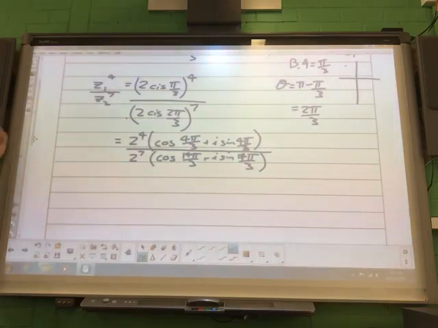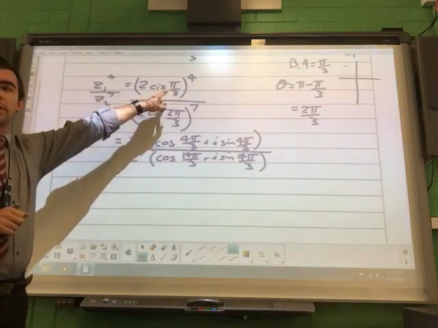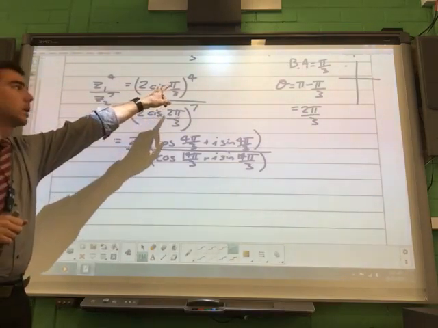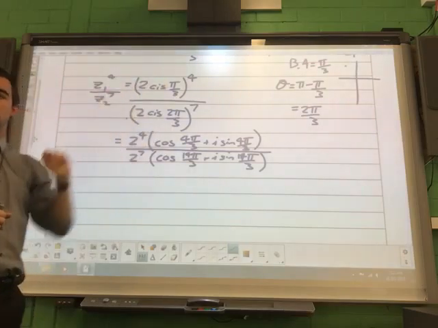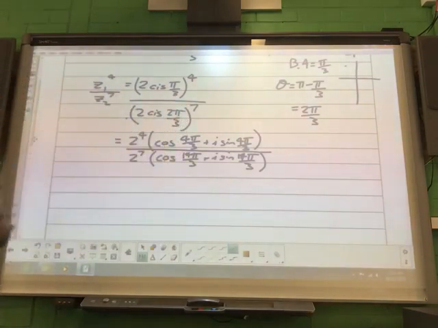So we're multiplying the argument by the power. The argument is pi on 3, so we're doing 4 times the argument, and then 7 times the argument this time.